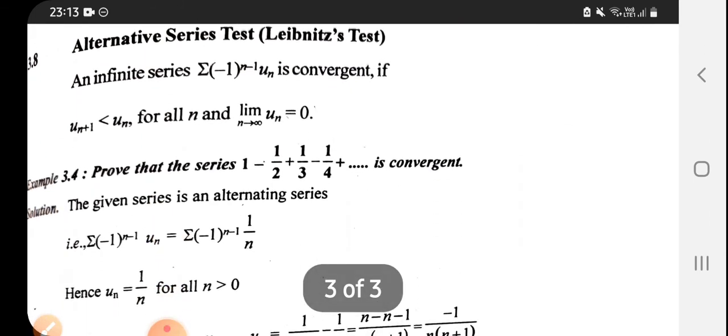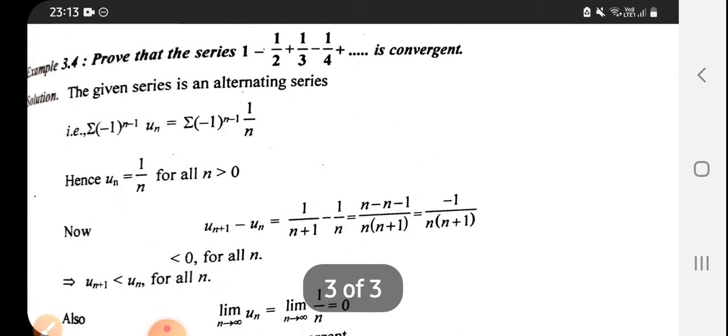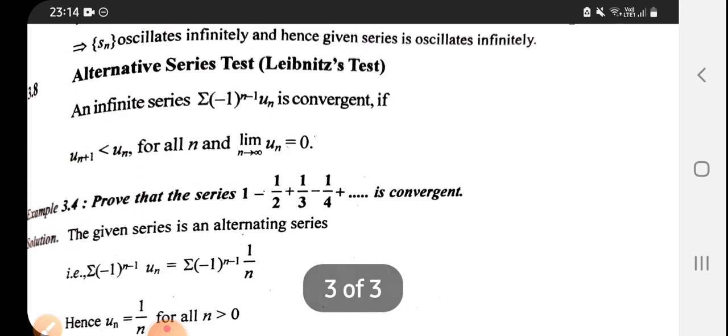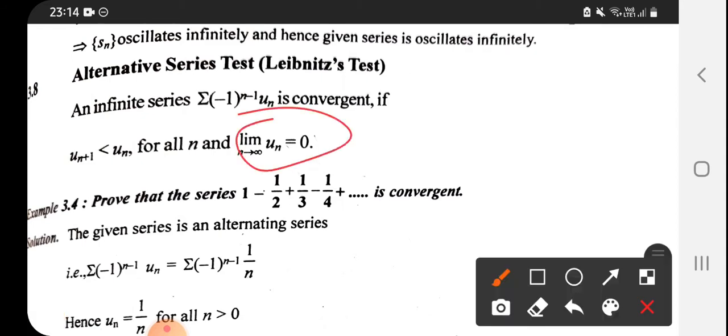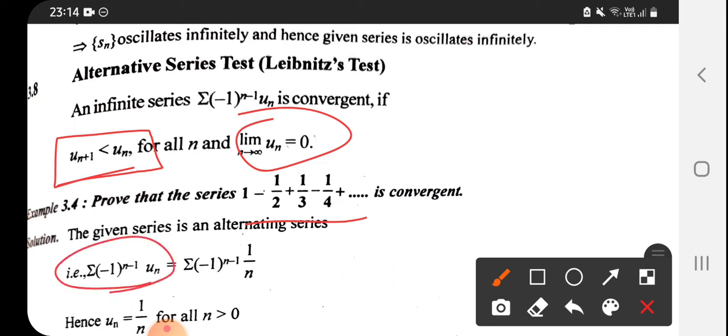Alternating series test or Leibniz test. In the Leibniz test, limit n tending to infinity un is equal to 0 and un plus 1 is less than un. That means any term is less than its preceding term. Here we see alternating minus and plus, and summation minus 1 to the power n minus 1 un.